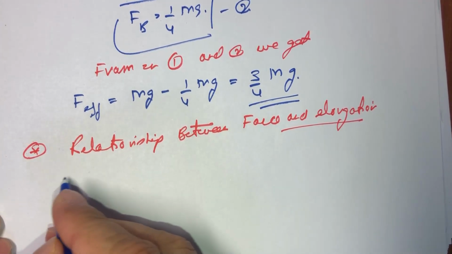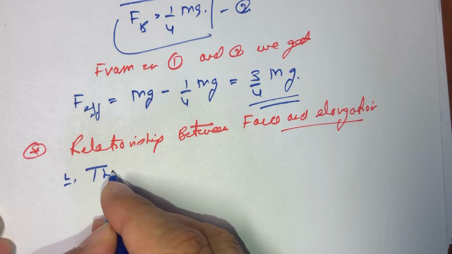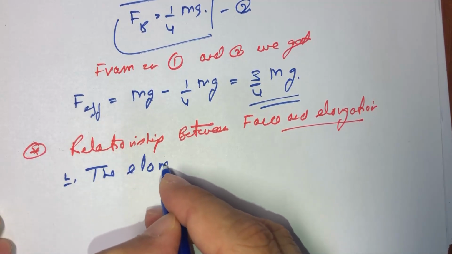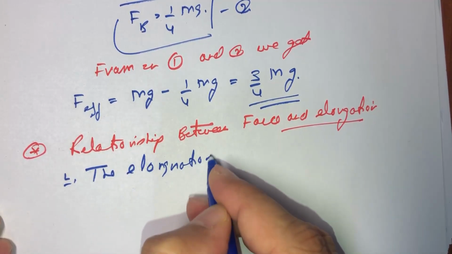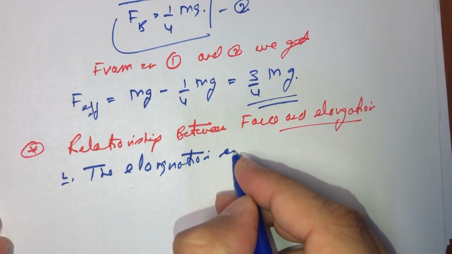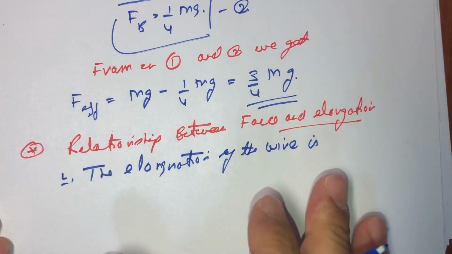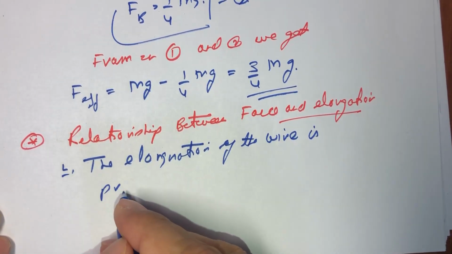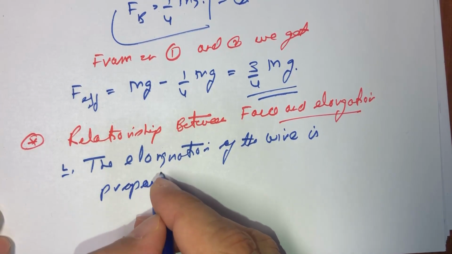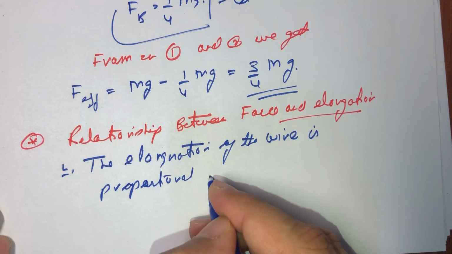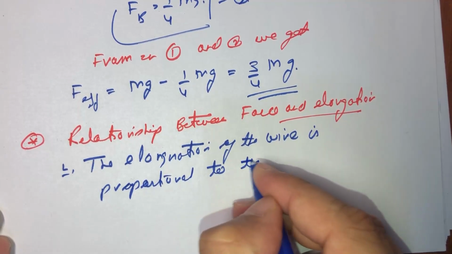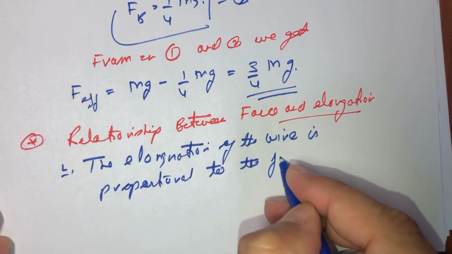So we can say that the elongation of the wire is proportional to the force applied.